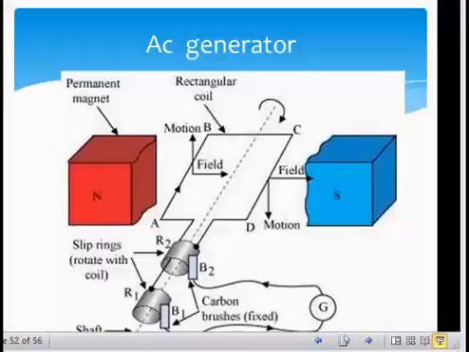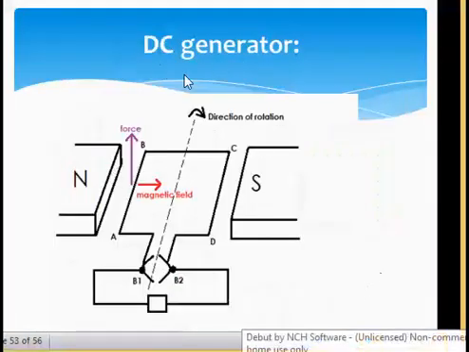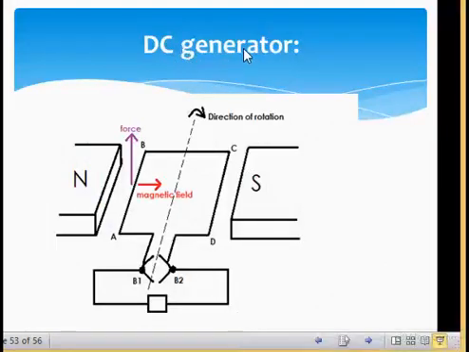So now let's see what happens for a direct current generator. A direct current generator delivers direct current. And how do I achieve that? To convert an alternating current generator to a direct current generator, all you need to do is change one thing.